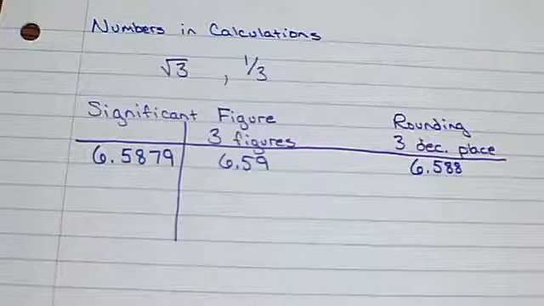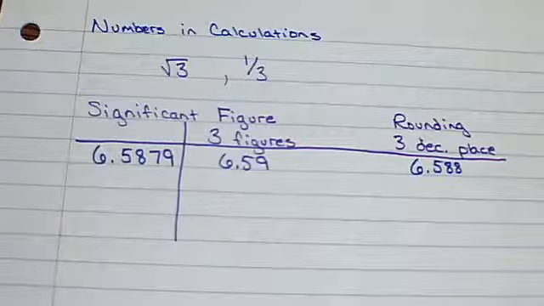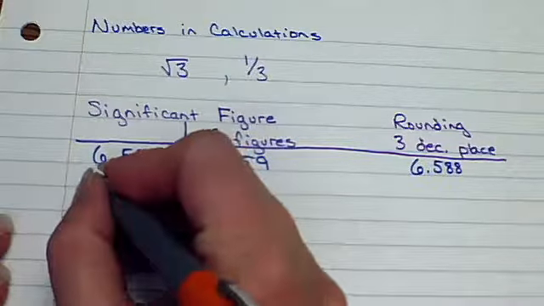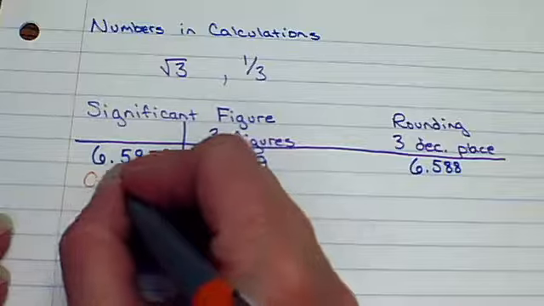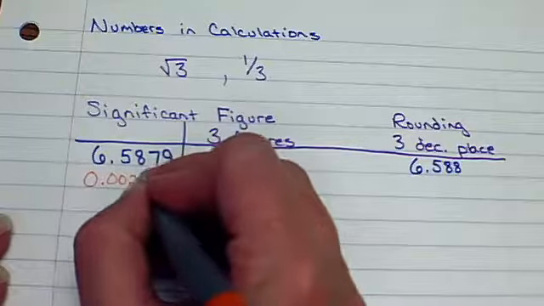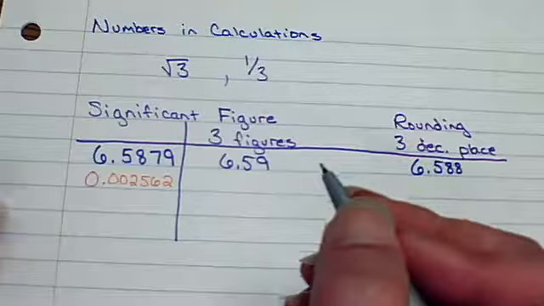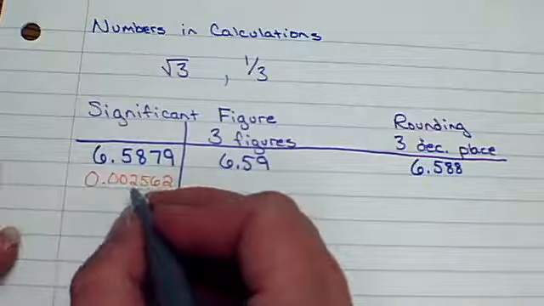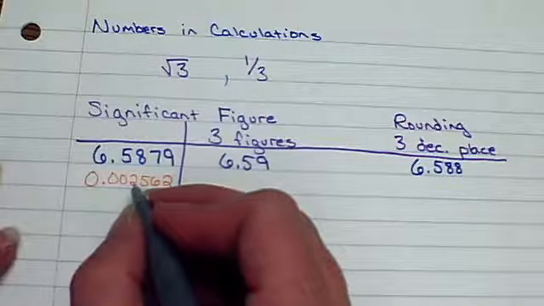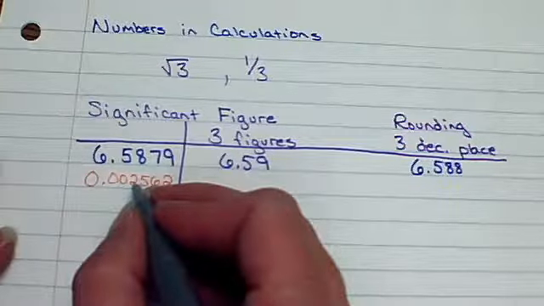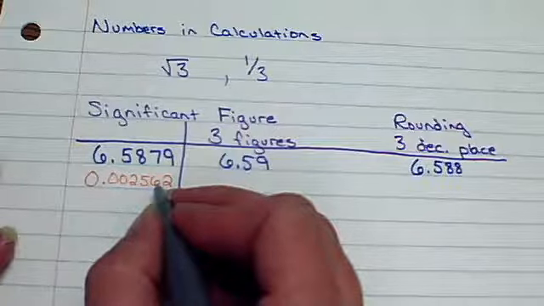Let's look at another one and you'll see it a little bit more. The next one I'm going to do is a small decimal, so let's look at 0.002562. So the very first significant figure is the very first number. We exclude the zeros. So we're going to start here with 2. That's the first significant figure. 1, 2, 3.